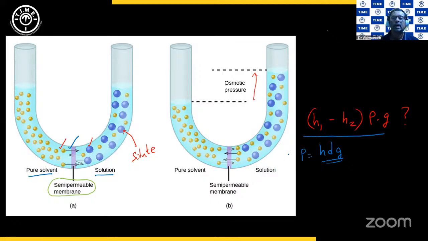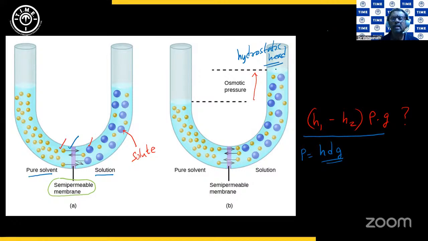Yes. Now, as osmosis happened here, from left to right, there is the level of water going up. So there is a hydrostatic head of pressure created. So as the osmosis happens, the height increases here.